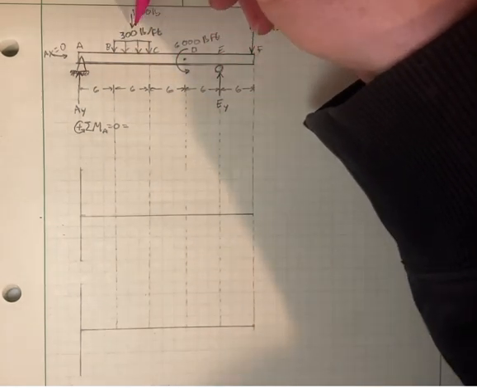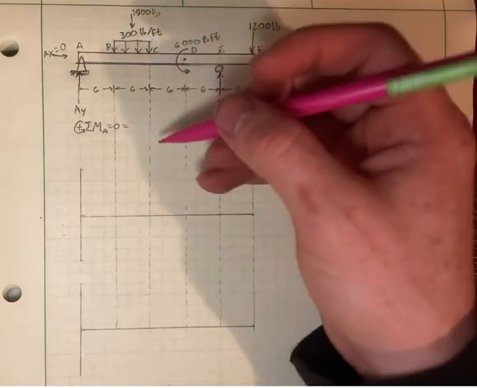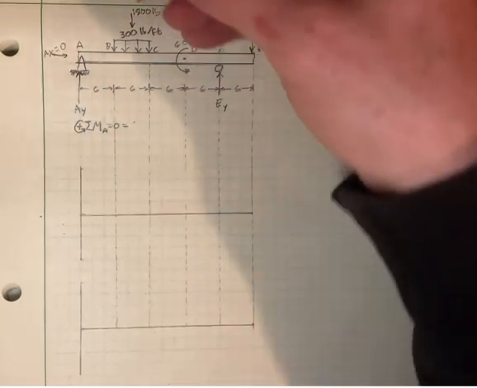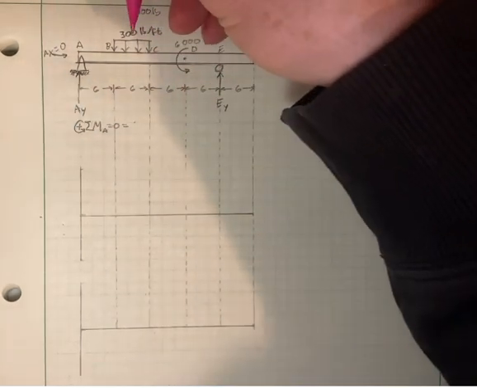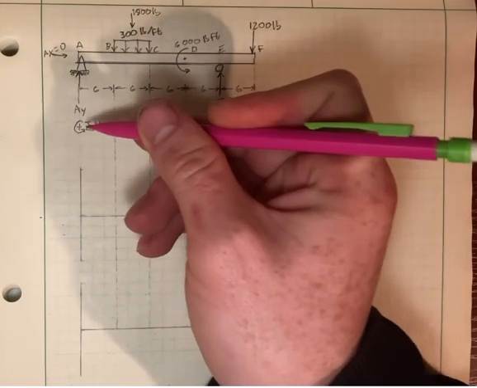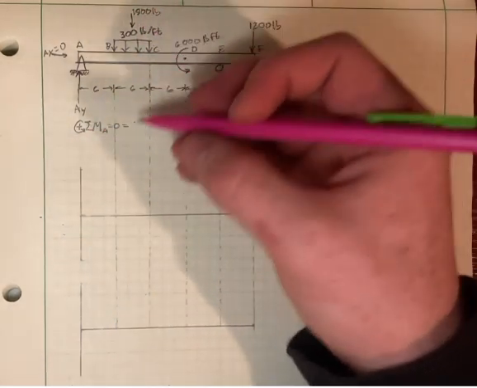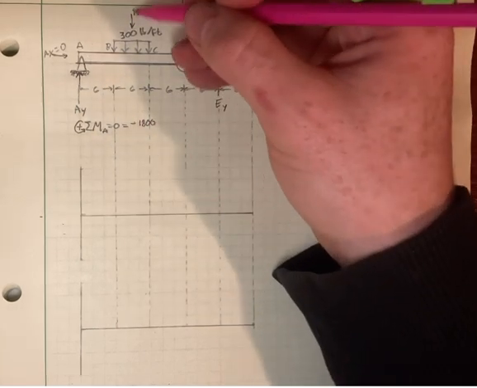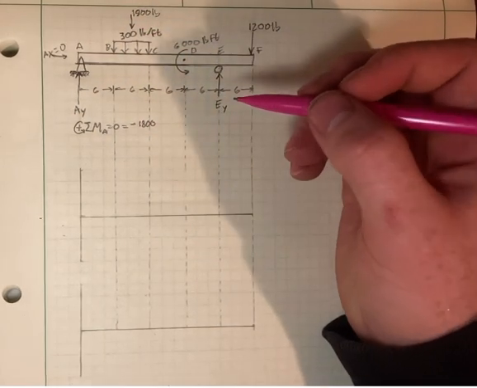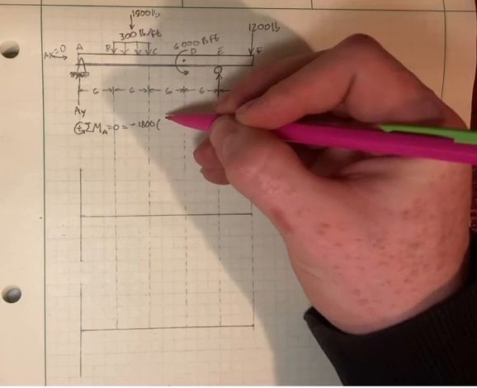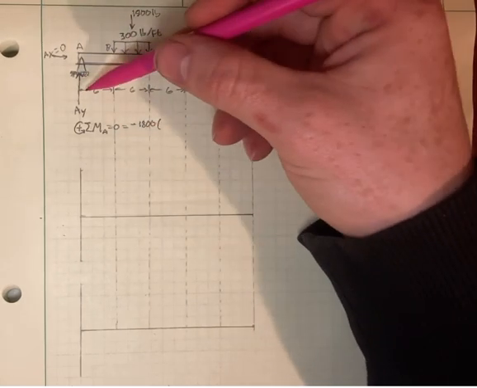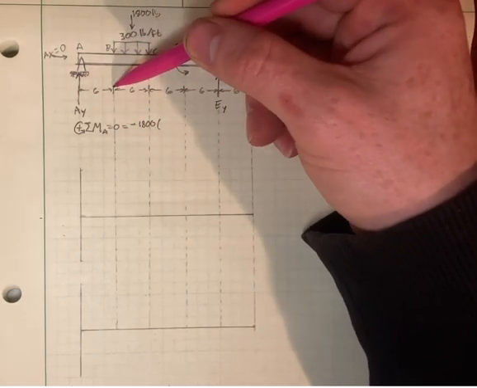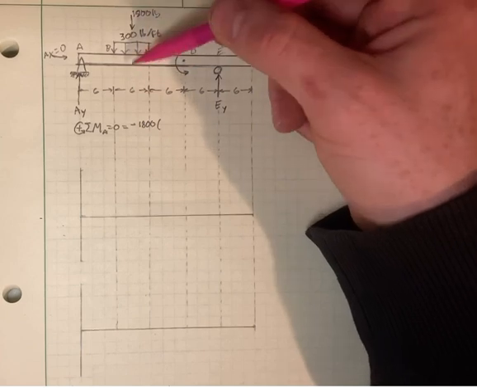going left to right, our first force there is gonna be a negative because it's trying to spin the bar against my positive sign convention. So it's gonna be a negative 1,800 pounds because that was our total force there. And the distance from A is gonna be 6 plus half of 6 because it's right in the middle of this.